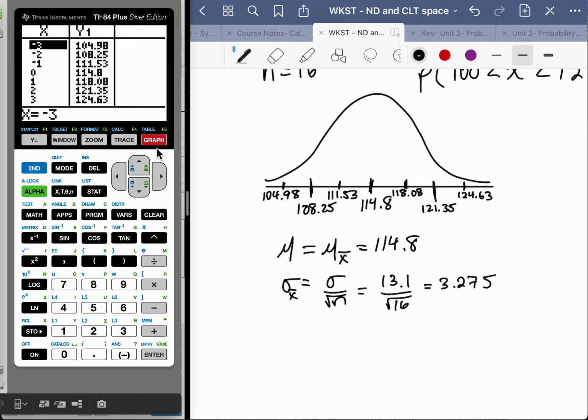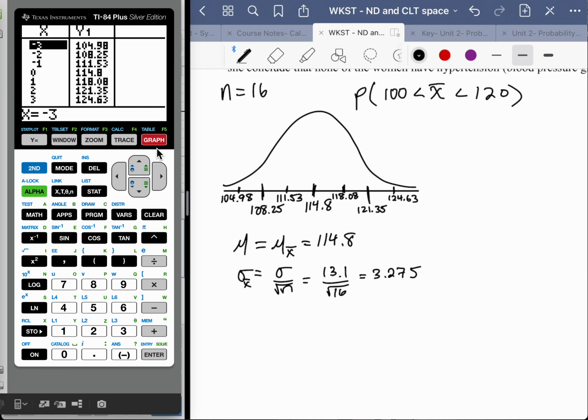And now it's really, really far away. Again, not asking for that, but it's a safe assumption that the probability of getting 16 people selected at random who are all suffering from hypertension is very, very remote. But this question is asking us for average values that are in the healthy range.